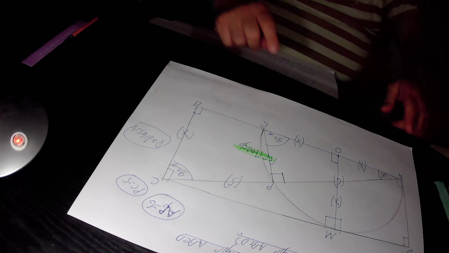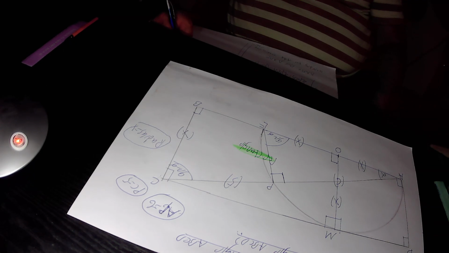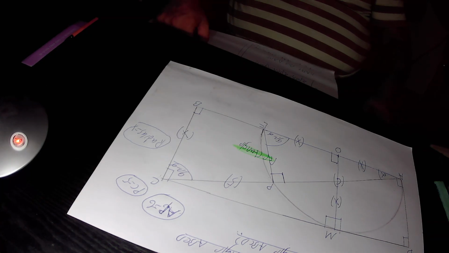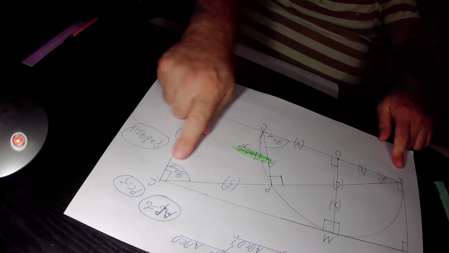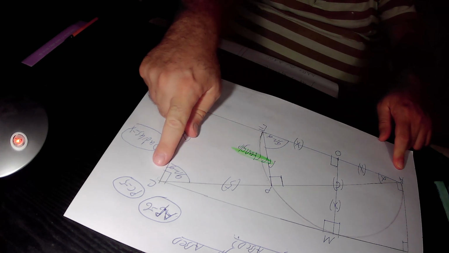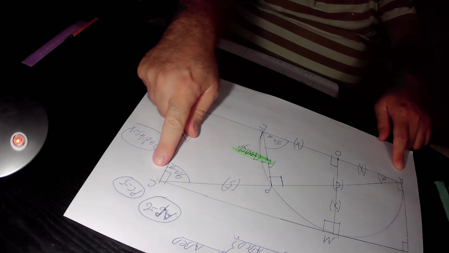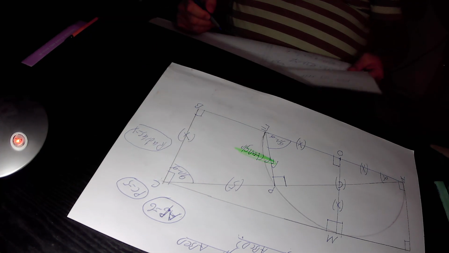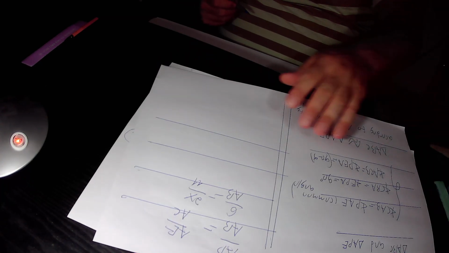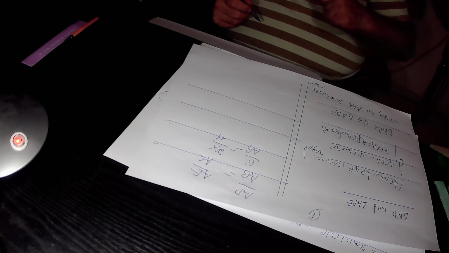So AE equals 2x over AC. AC in total equals 6 plus 5, that is 11. AC equals 11 units. So we have found out that 6 over AB equals 2x over 11.